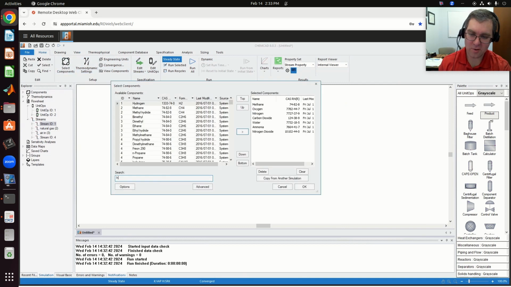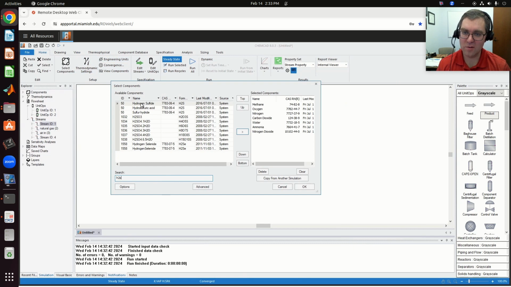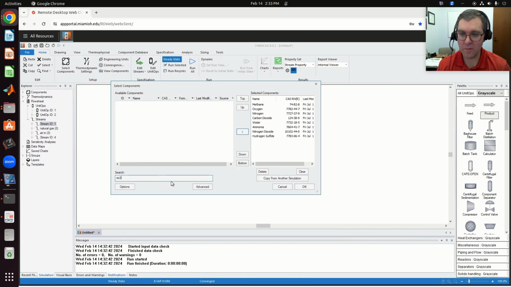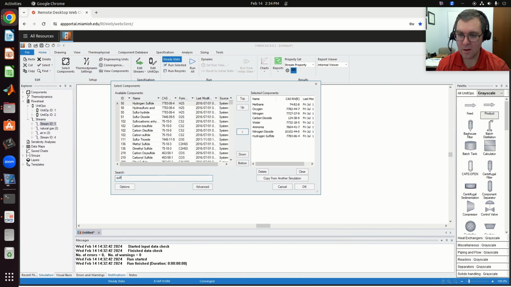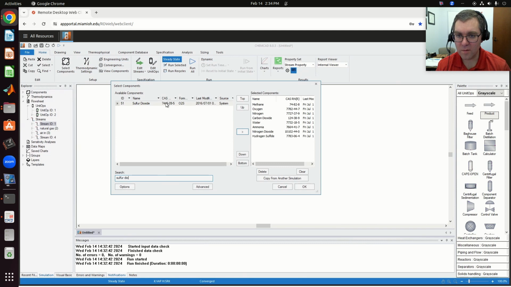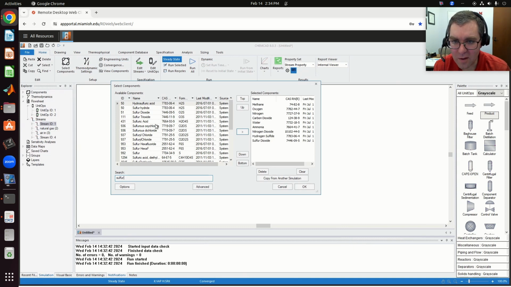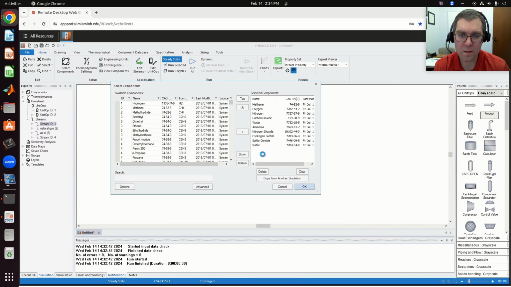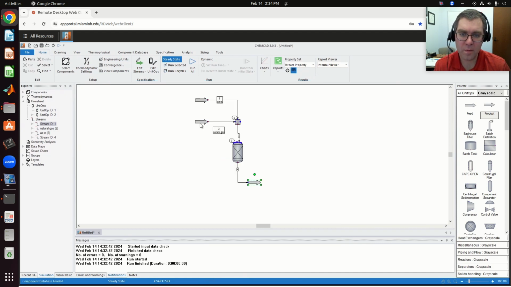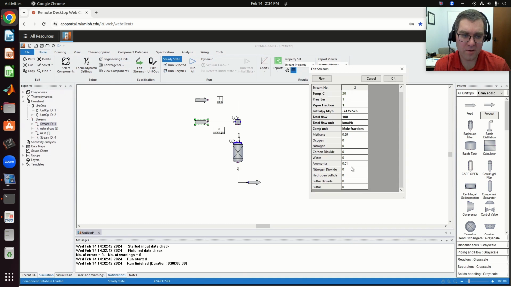If I want to add H2S, hydrogen sulfide, to the mix, maybe it's SO2, sulfur dioxide, that I'm going to form. So I'll add SO2, similar to what I had for the case of nitrogen, to my natural gas stream.